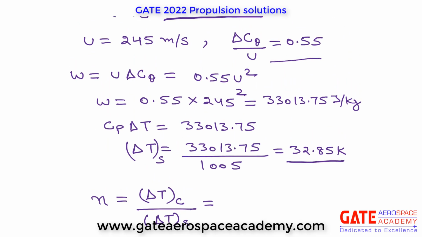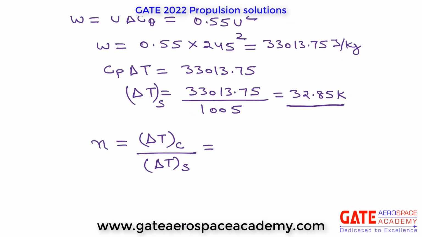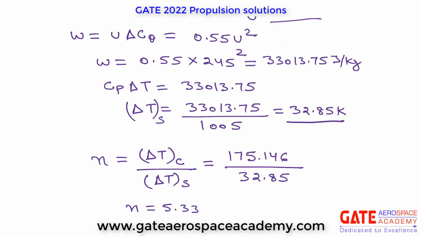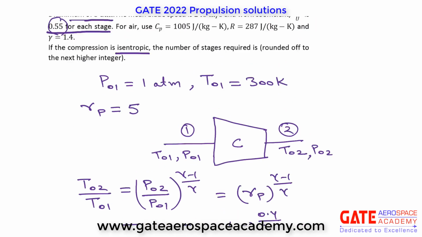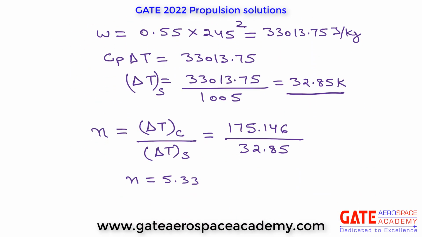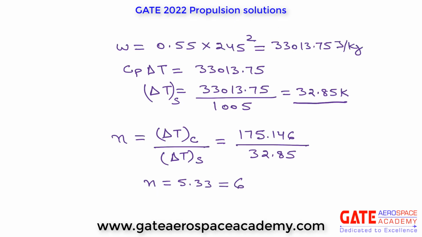So delta T for complete compressor is 175.146 upon 32.85. So N is equal to 5.33. So they have mentioned that round off to next higher integer, that will be 6. So total number of stages required are 6.